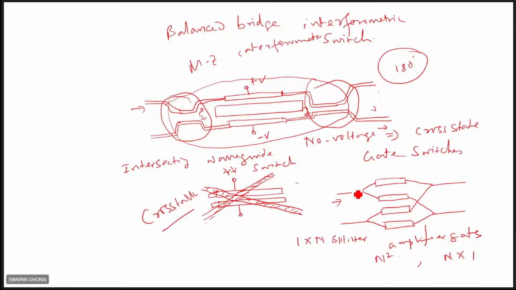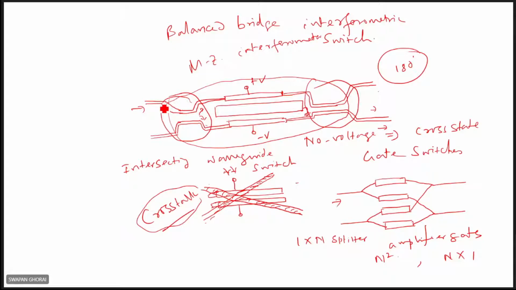In this case there is no separation. Here also, by applying voltage or no voltage, you can achieve the cross state and bar state. The main advantage here is that crosstalk can be eliminated. In other cases, a little bit of crosstalk will be there.